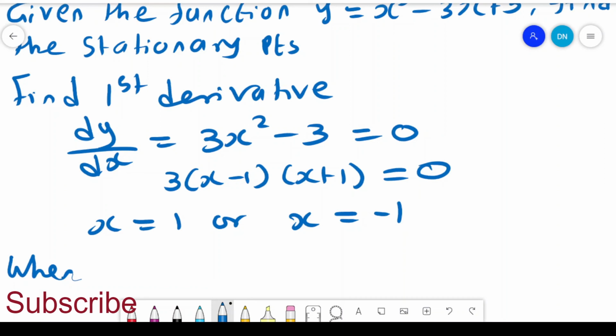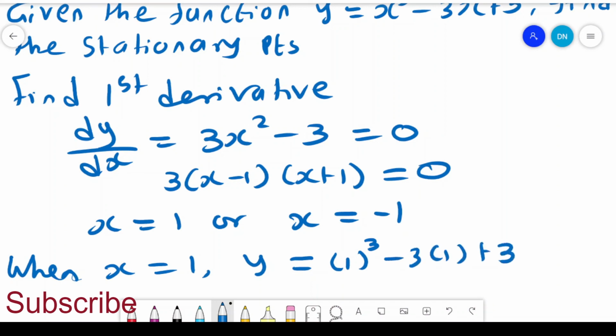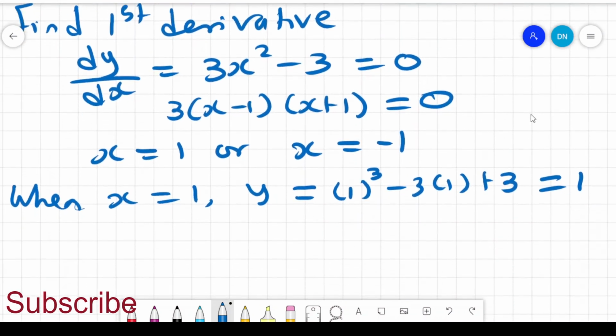When x is equal to 1, y is equal to 1 cubed minus 3 times 1 plus 3, and that gives us 1. So when x is 1, y is equal to 1.